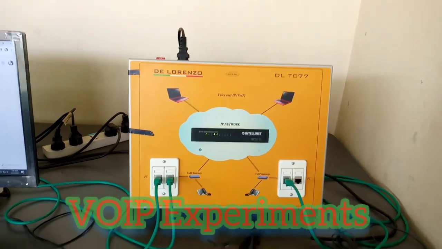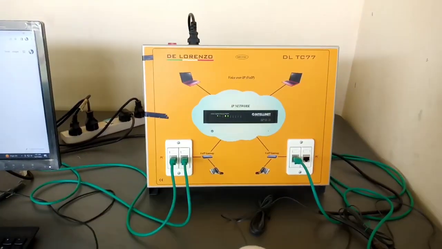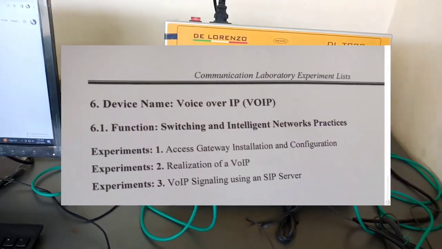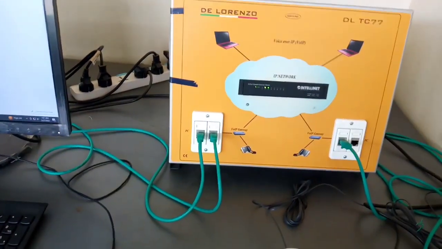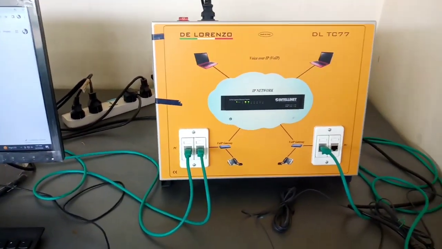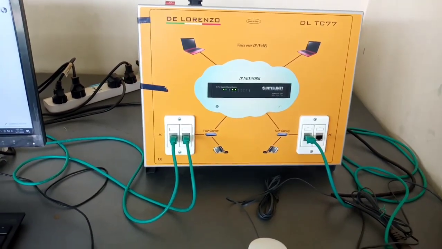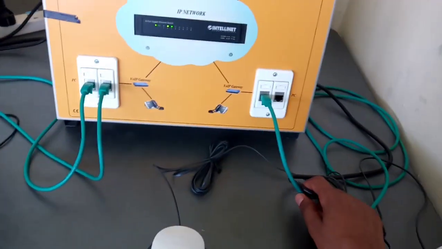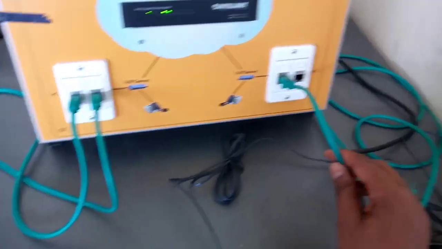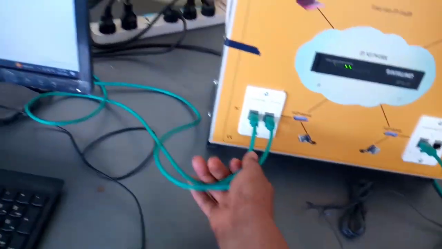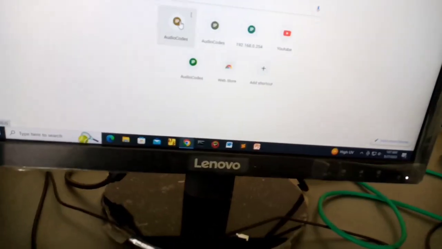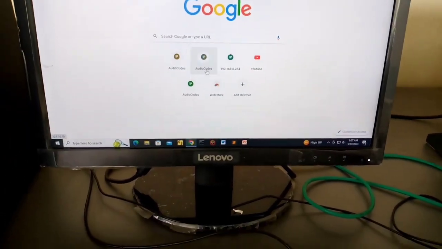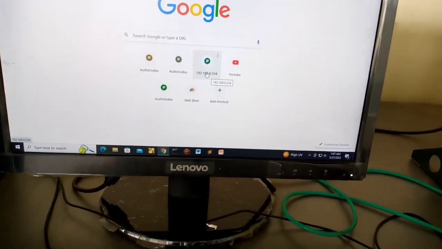7, voice over IP experiment. From this experiment, we understand how to transfer audio over Internet protocol. Based on this access point, we connect two destinations by this LAN cable. After that, we can configure this audio code by using individual IP addresses.